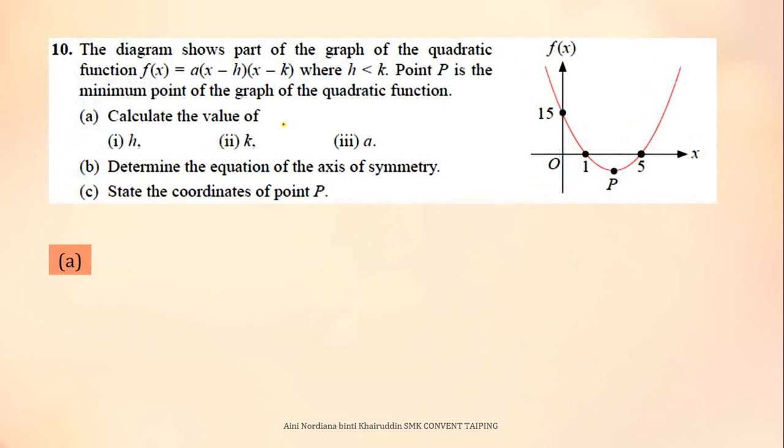Question number 10. The diagram shows part of the graph of a quadratic function a in bracket x minus h in bracket x minus k, where h is less than k. Point P is the minimum point of the graph of the quadratic function. So calculate the value of h, k, and a.